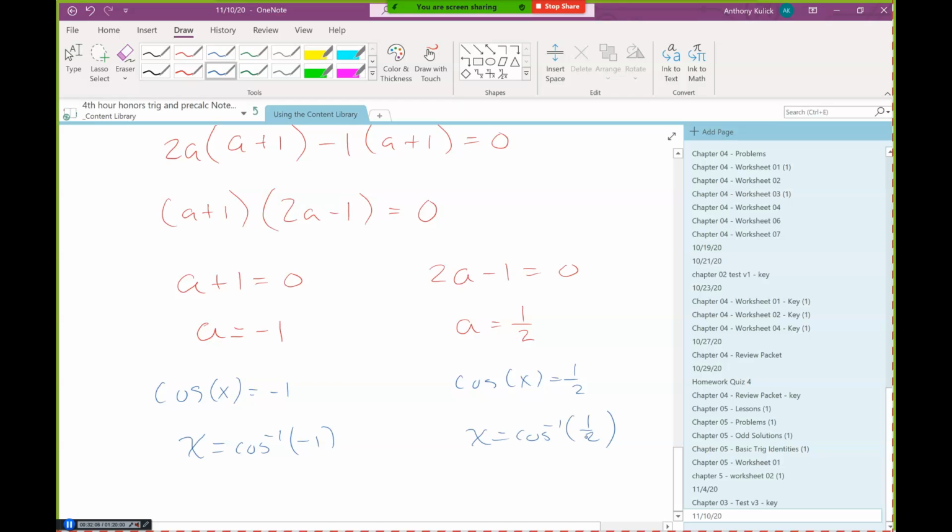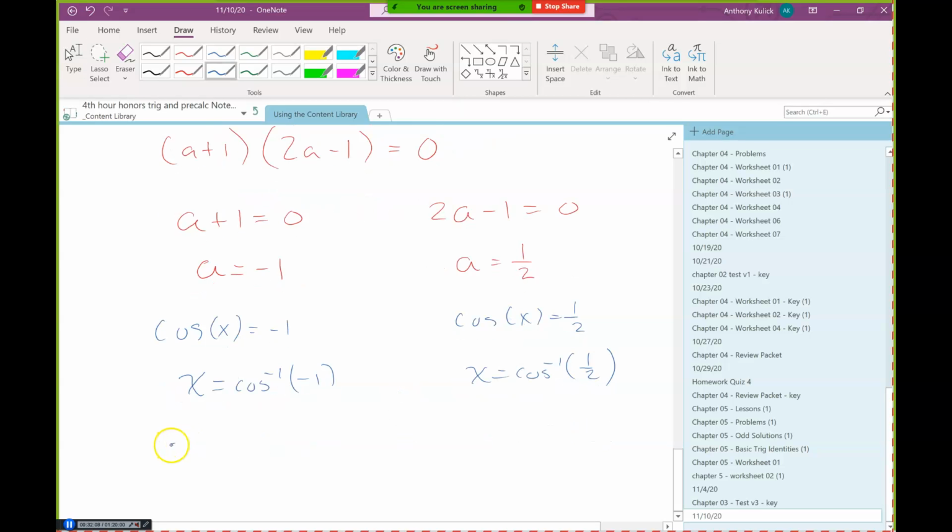And now I'll go to my unit circle and look up the place where cosine x is equal to -1. Well, that happens only at pi.